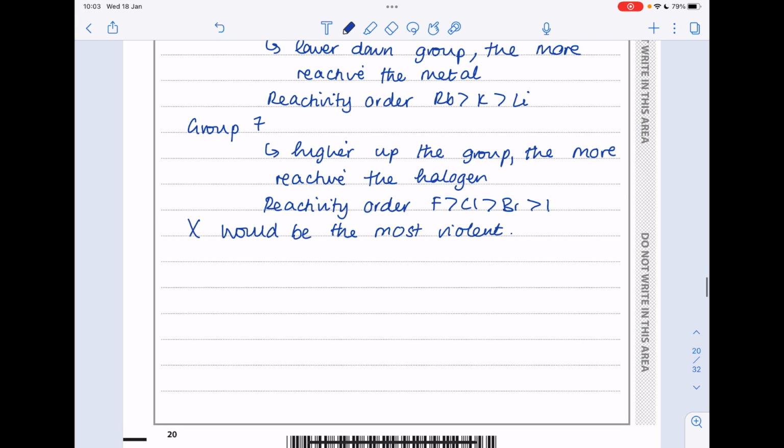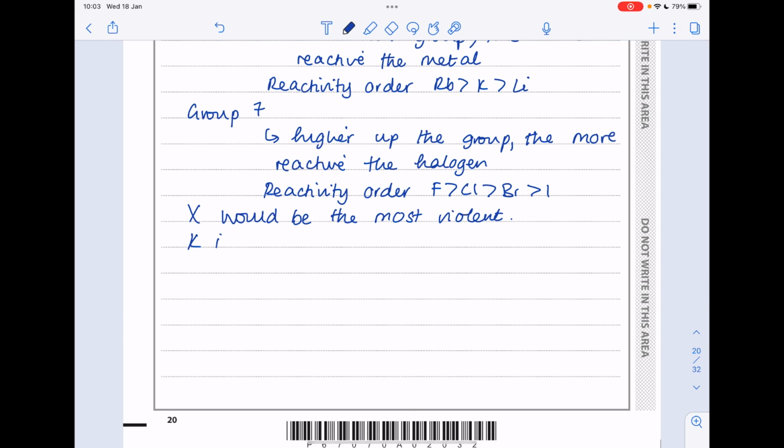And then we need to explain this in terms of electronic configurations. So potassium is very reactive because it is a large atom with many shells of electrons.